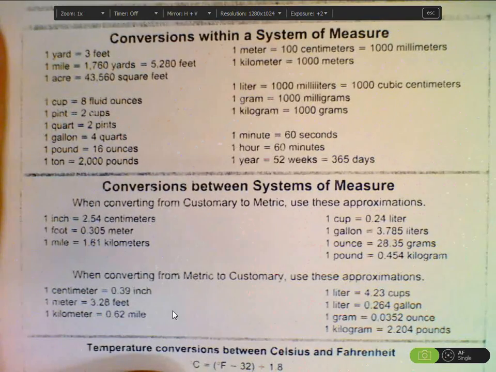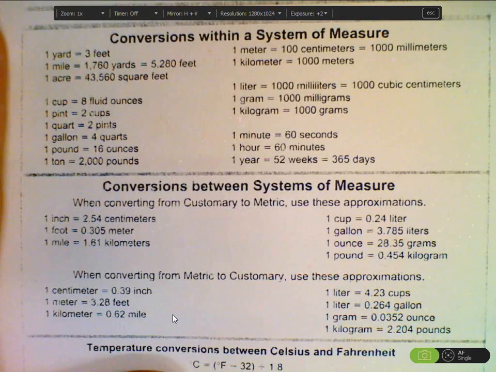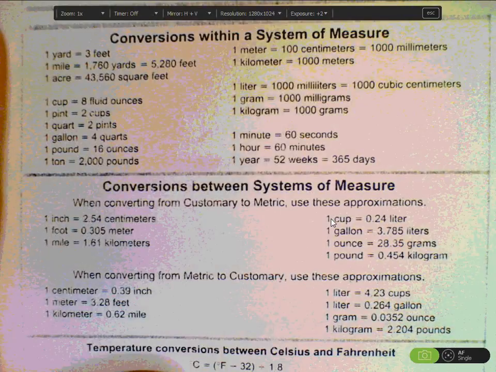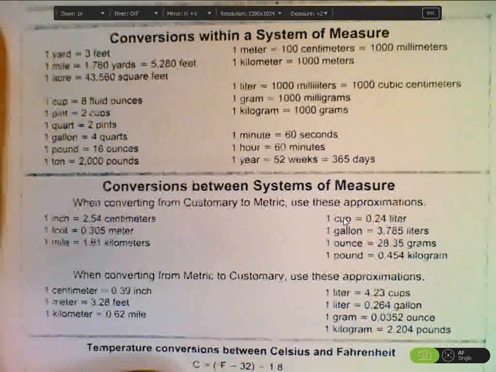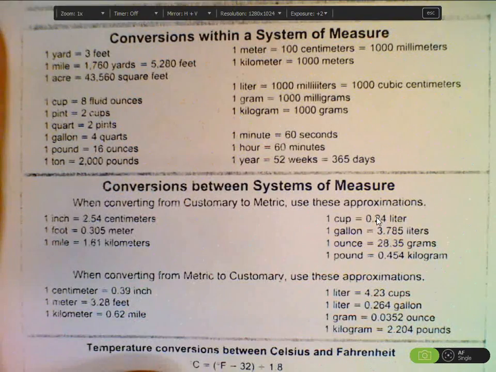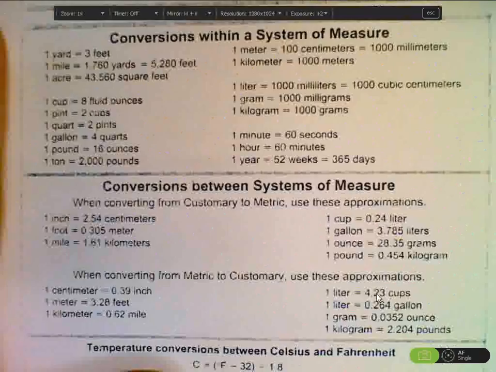I did demonstrate in a couple of classes that there is a difference if you use, for example, the cups to liters conversion right here. If you're going from customary to metric, of course you'd use cups to liters. If you accidentally use liters to cups, it may not matter that much. The difference will be very small unless we're doing larger amounts.